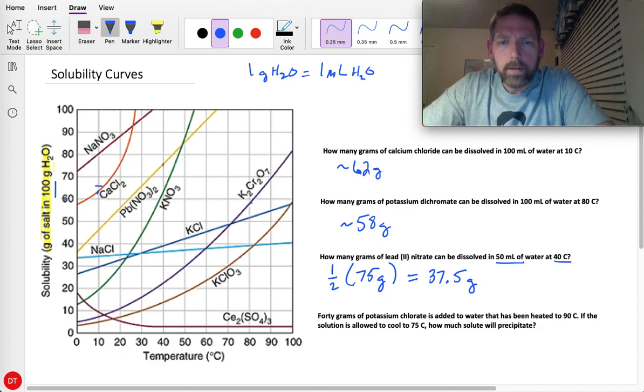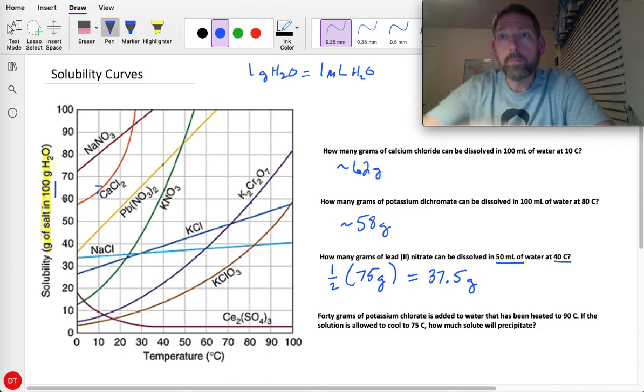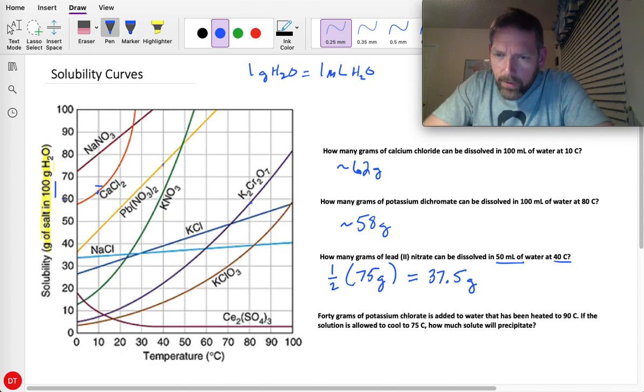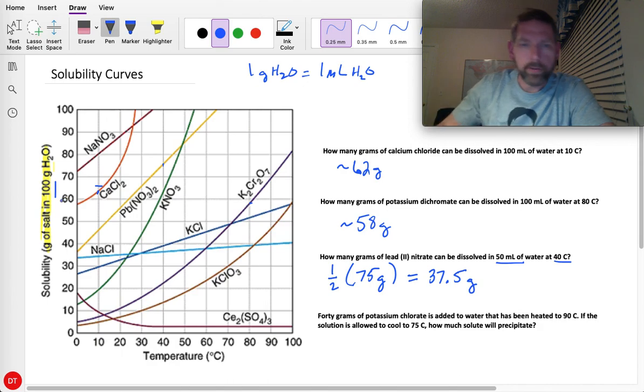And then the last part, it says 40 grams of potassium chlorate is added to water that has been heated to 90 degrees Celsius. All right, so our potassium chlorate, this compound here, 90 degrees. We're going up, we're going up, we're going up. It says 40 grams, right?